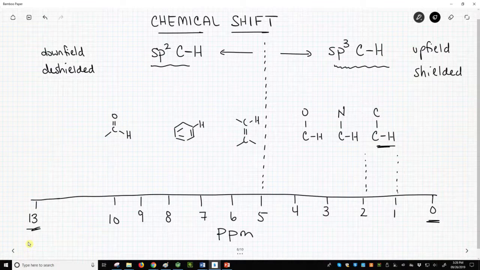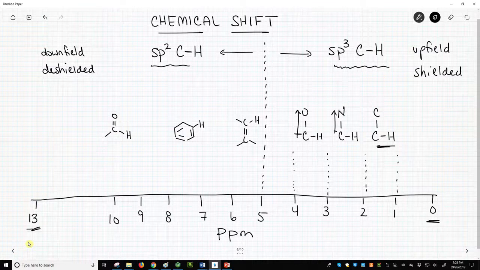If the carbon is next to a nitrogen, the electronegativity of the nitrogen polarizes the CN bond, pulls electron density away from the hydrogen, and the H falls more in the 2 to 3 ppm range. If the carbon is next to an oxygen, the H is moved even farther downfield into the 3 to 4 region. These ranges are approximations, so apply them with some flexibility.